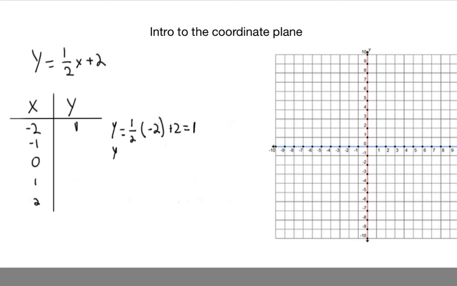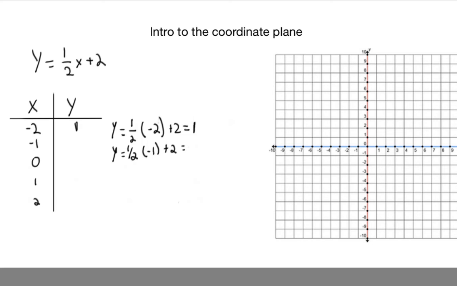Now we have y equals 1/2 of negative 1 plus 2. So 1/2 of negative 1 is negative 1/2. And just for the sake of example, since I like working with decimals more than fractions, I'll convert it to a decimal.